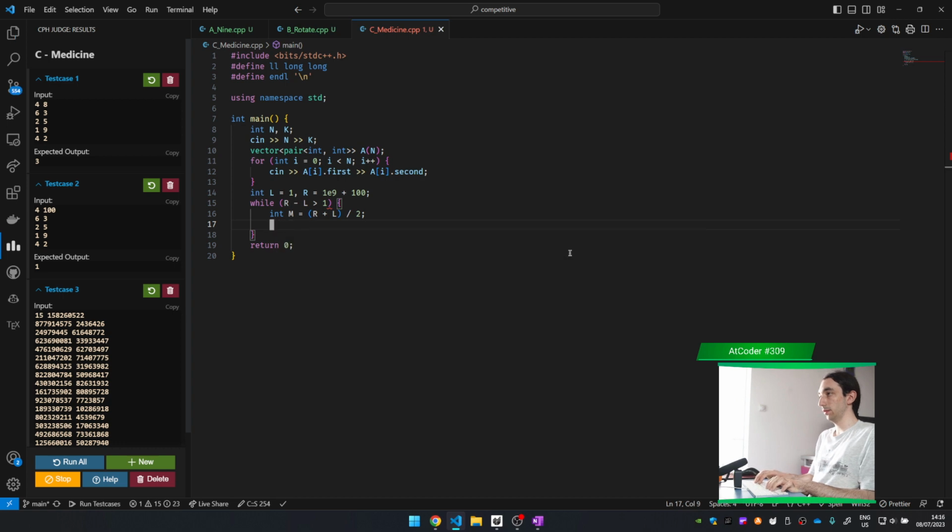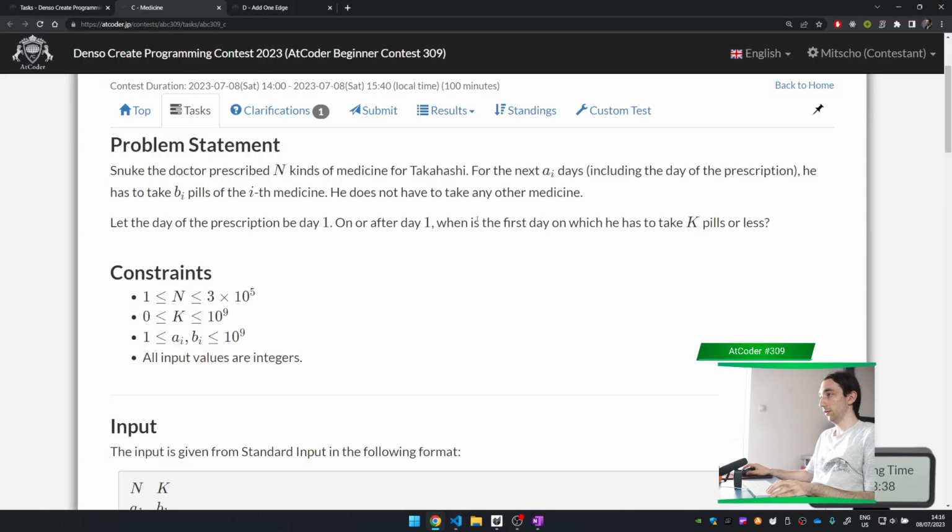So the middle point, and then we need to check how many pills on this day he will take, K pills or less.